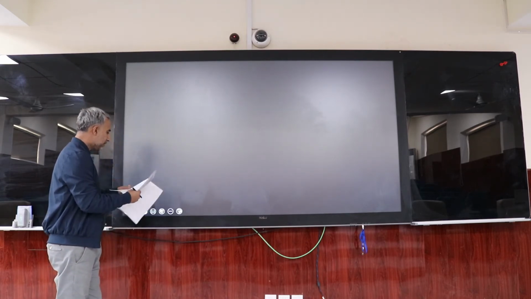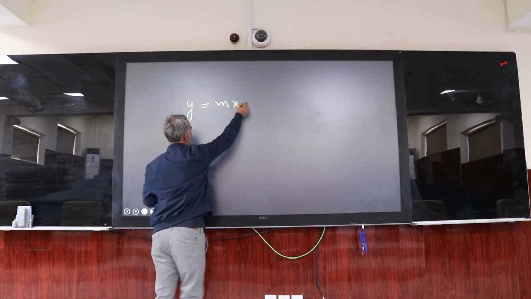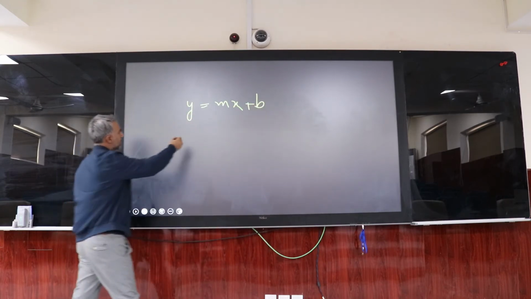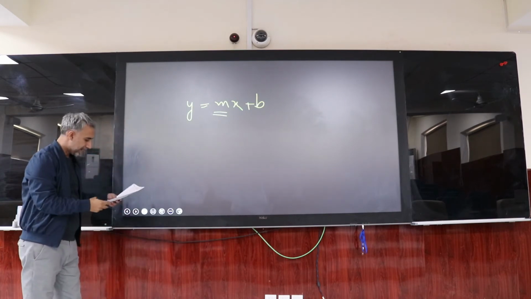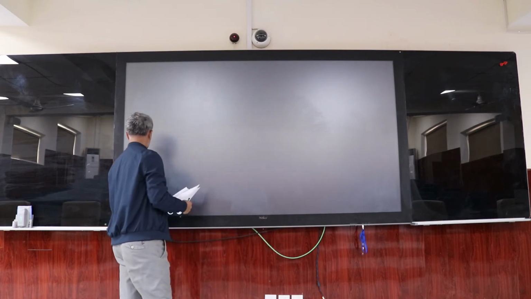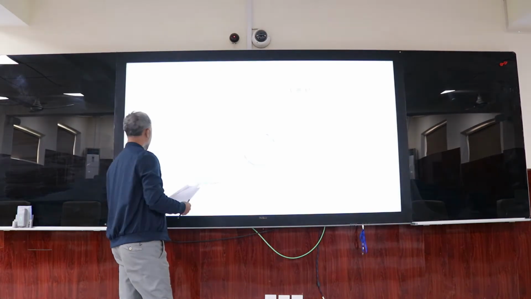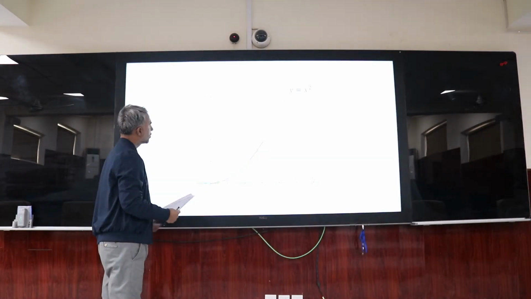So, at the start, I spoke about the equation of a line and highlighted the concept of slope. This one is the equation of a simple slope.